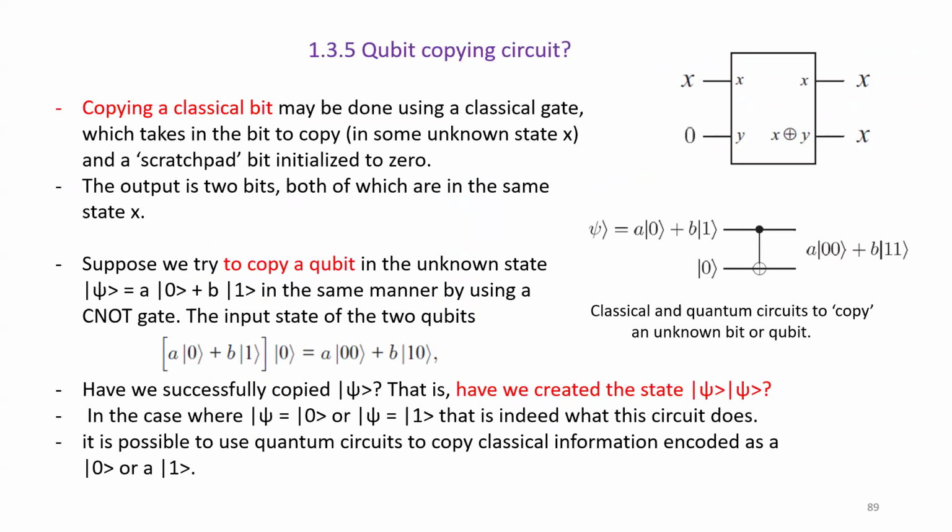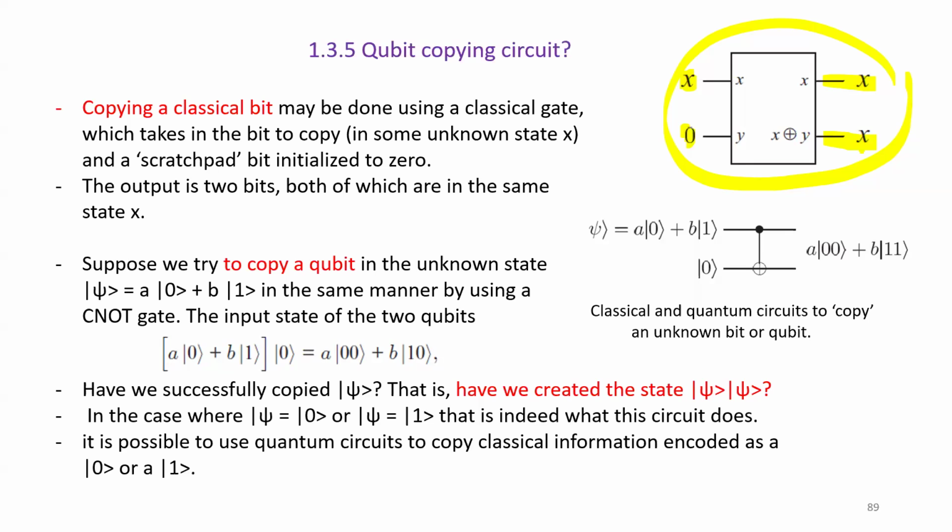In classical computing, you can have such a case where you start with X, you feed some classical gate with X and 0, and you do an operation which is going to give you X back, and here you get another X. If you make a truth table for this gate, where the first bit is X and the second bit is 0, and this is my X and this is my Y, I'm going to apply X plus Y here, and that's going to give me the X back.